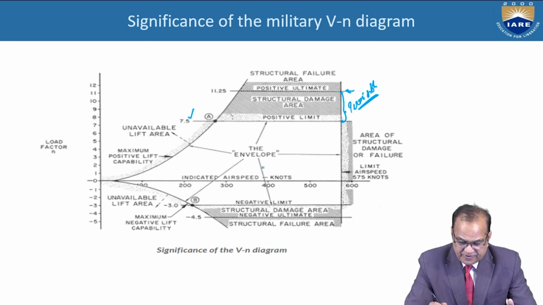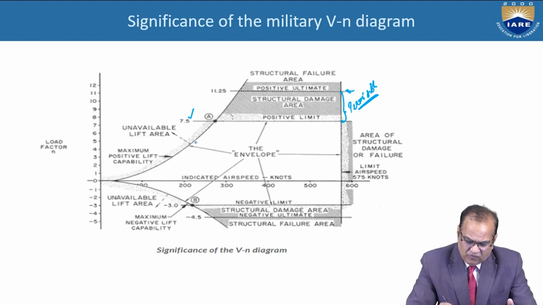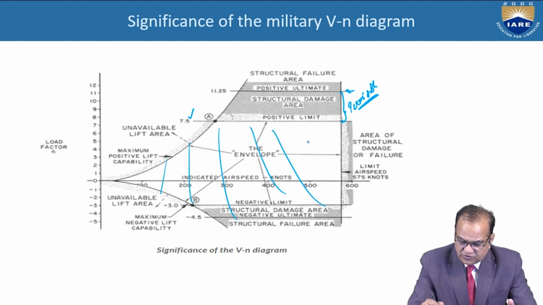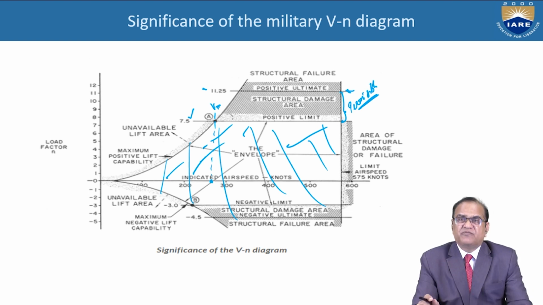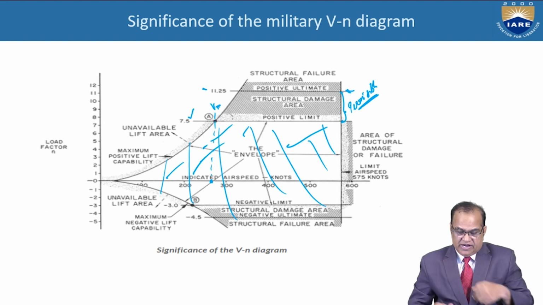This is the envelope where your aircraft can fly. This is your flight zone. This aircraft, up to 11.25, damage may not happen. This A is the maneuver velocity. If you fly at this, you can obtain maximum maneuver. So these are a few of the significances which I have discussed.